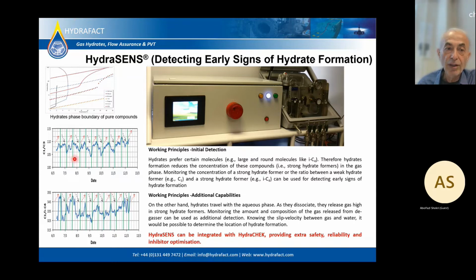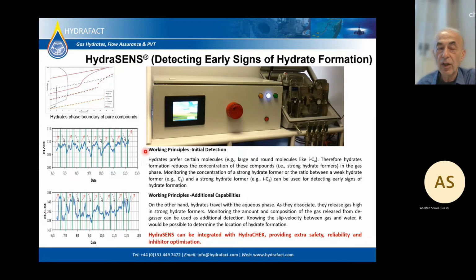So if hydrate starts to form, this ratio will increase. And when hydrate melts, this ratio will drop, because when it starts melting, more IC4 comes to the gas phase.